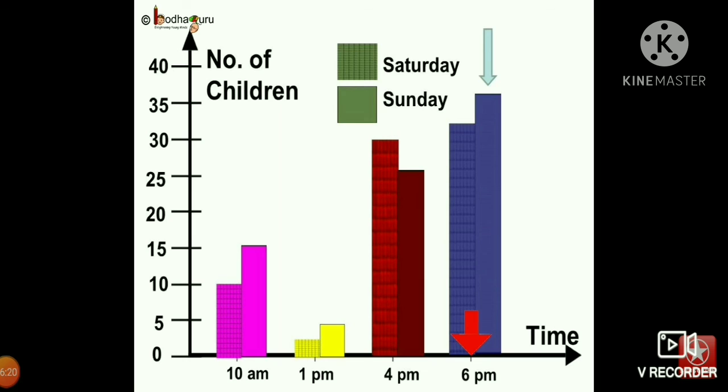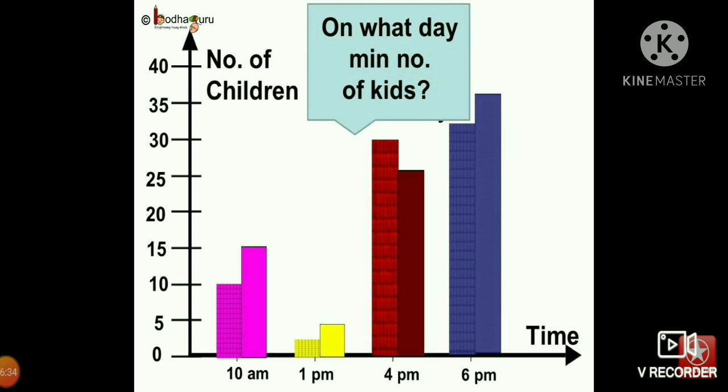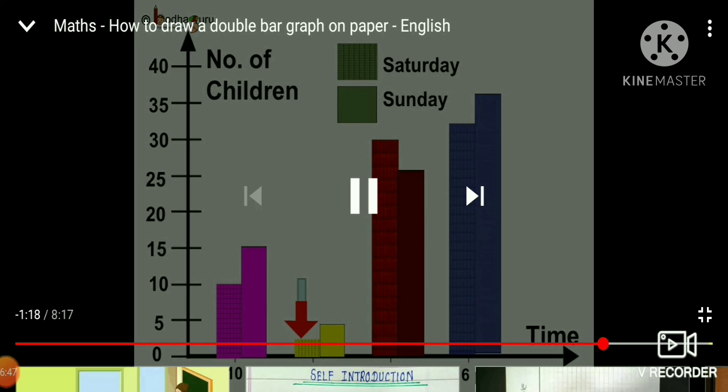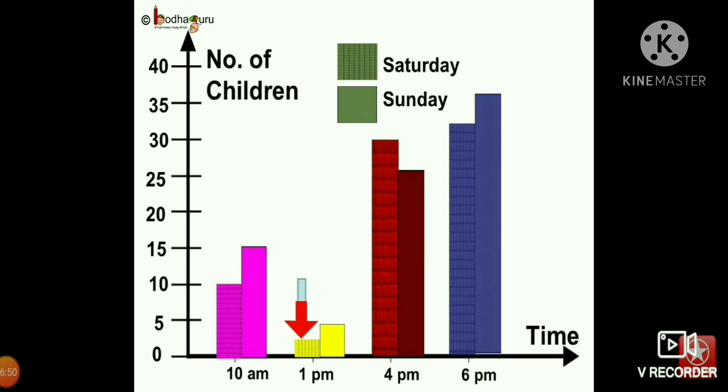So see this bar graph. The most children came to the park on Sunday at 6 p.m. On what day did the minimum number of kids come? See, in yellow color it is the smallest one, and that is Saturday, Saturday at 1 p.m. You can answer any questions by using the bar graph.